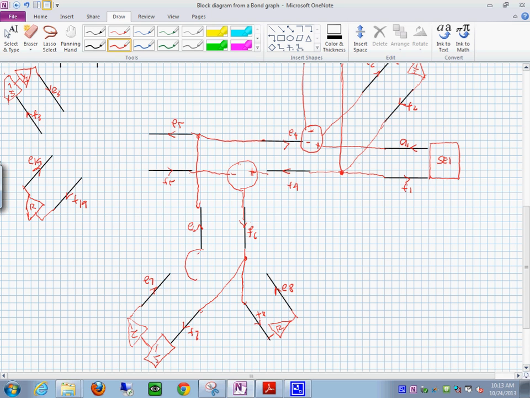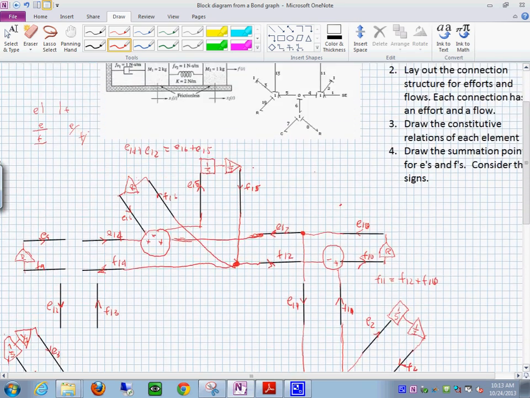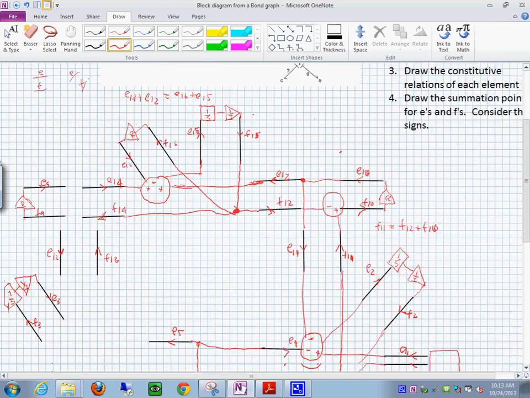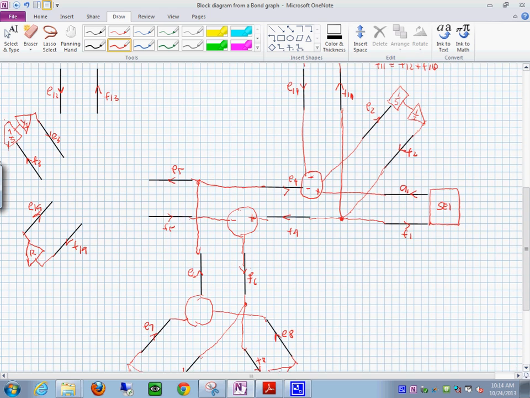So we draw the summation point over here, and then like that. And in that case, for that summation point, E1 is the output.